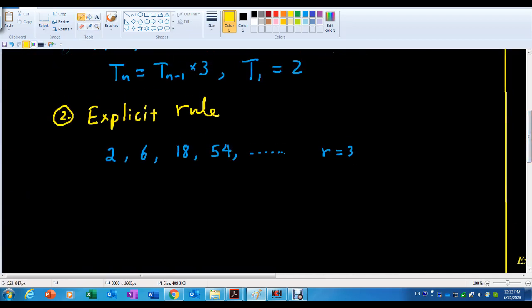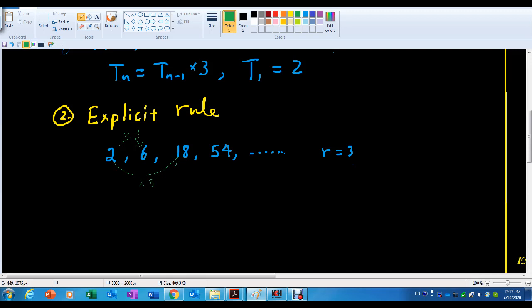Okay, so let's see what happens here. We know that for this one, if you go from the first term to the second term, you multiply by 3, right? And if you go from the first term to the third term, you multiply by what?